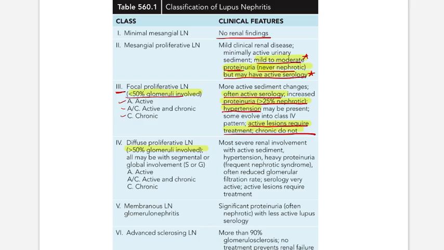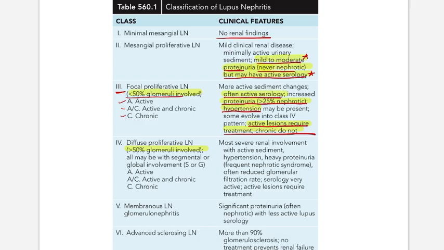There is more severe renal involvement because we are progressing through the stages. It is basically similar to focal proliferative, but more severe, with more than 50% of glomeruli involved.